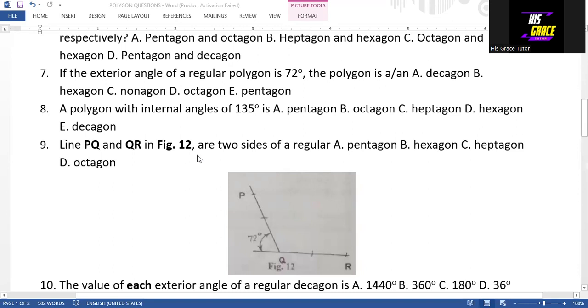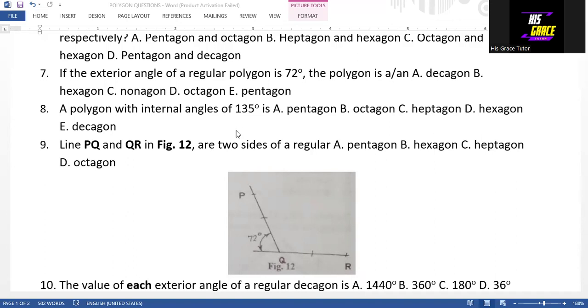Then we move to question 8, which says, a polygon with internal angles of 135 degrees is a what? I think the answer should be octagon.